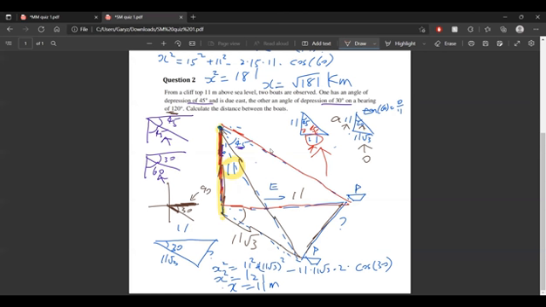So we know the angle between is 30 degrees, which gives us this triangle here, and that's x, the side we want to work out. This will be similar to the first question. We use the cosine rule, and we get x squared is 121 and x is 11 meters. So the boats are 11 meters apart from each other.